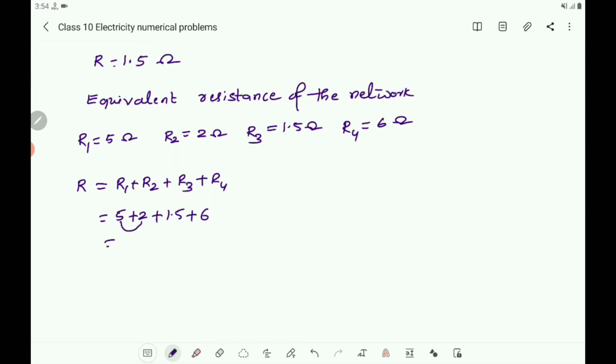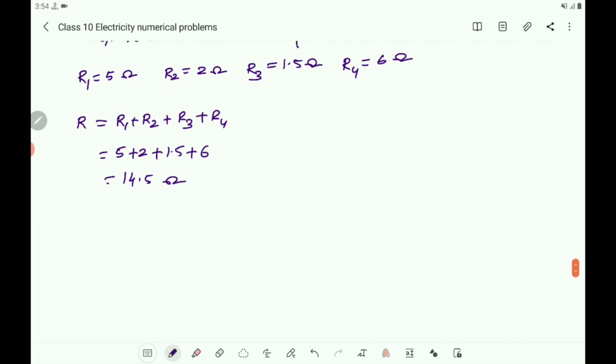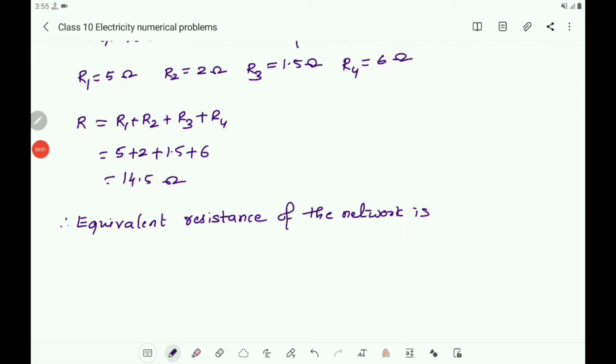So 5 plus 2 is 7, 7 plus 1.5 is 8.5, 8.5 plus 6 becomes 14.5 ohms.